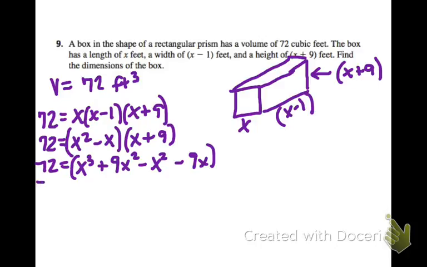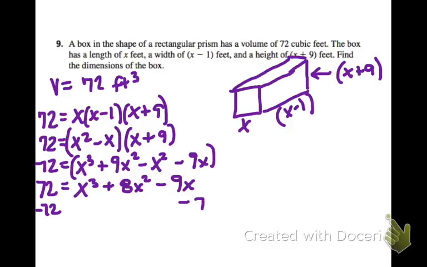So in simplified form, 72 is equal to x cubed plus 8x squared minus 9x. Now we need to get that equation equal to 0 so that then we could solve it. So if we subtract 72 from both sides, notice that there is no constant term. So we end up with 0 is equal to x cubed plus 8x squared minus 9x minus 72.